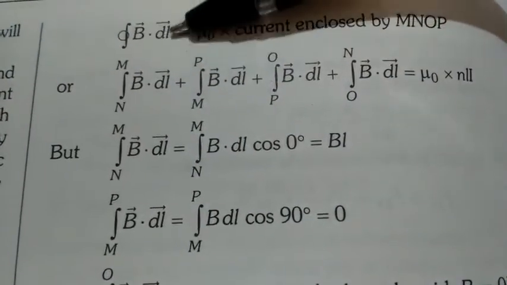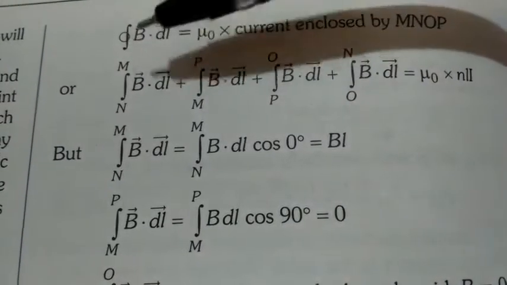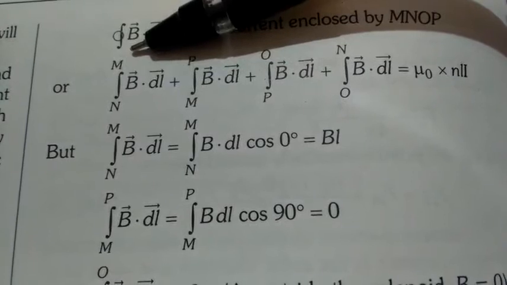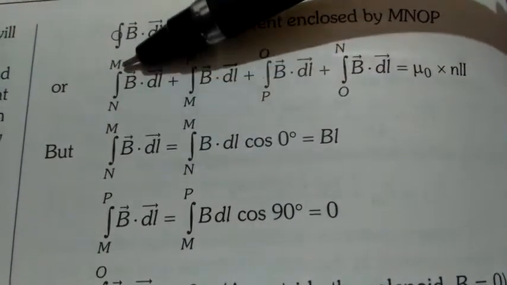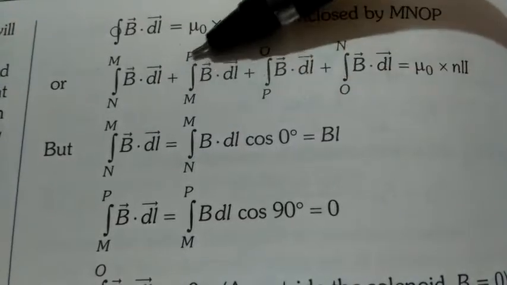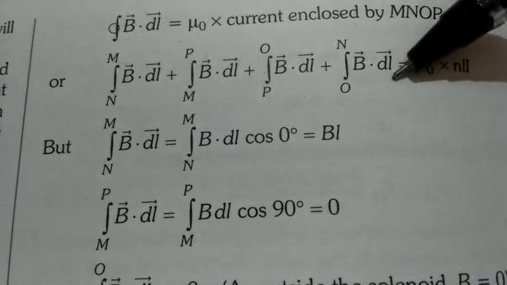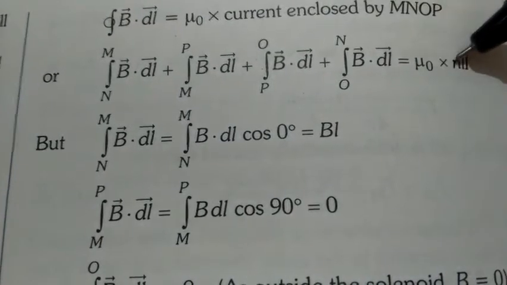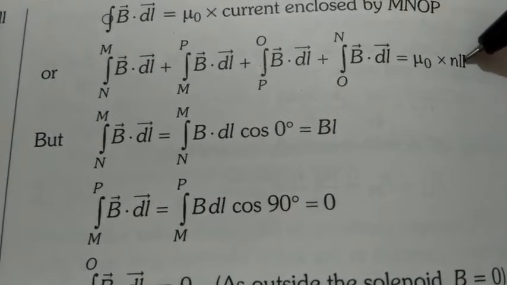So here you can see it is the closed integral of B·dl. That means the closed path has now been split in 4 parts. Okay, N to M B·dl, M to P B·dl, P to O B·dl and O to N B·dl equals mu naught into the total current enclosed by the circuit, which equals NLI.